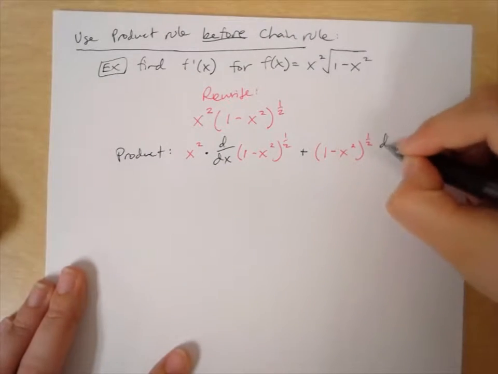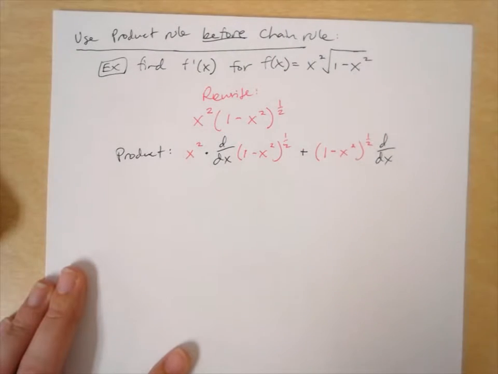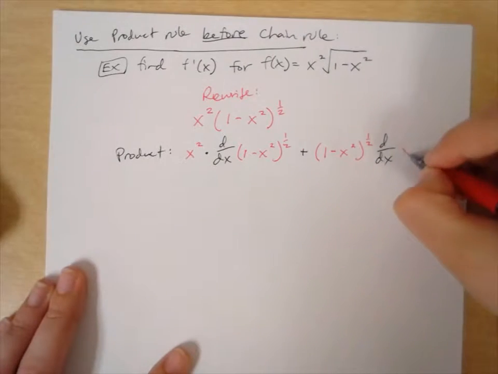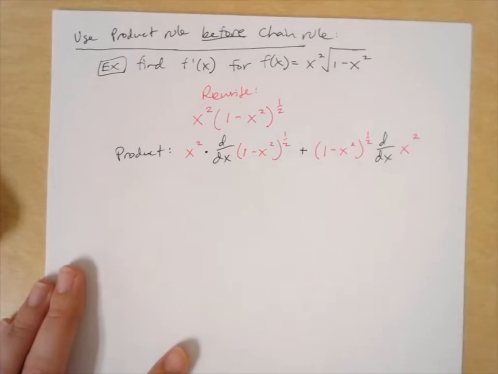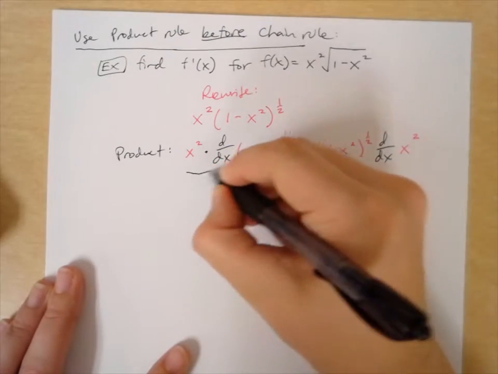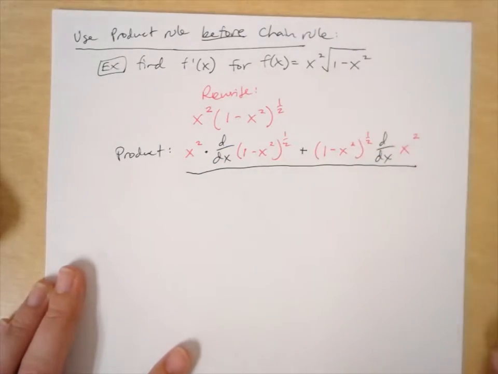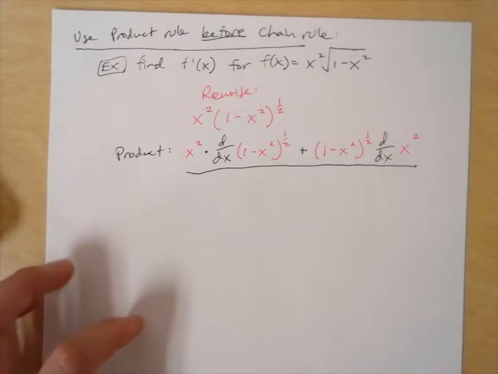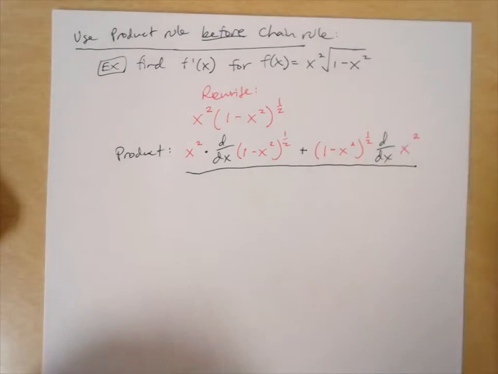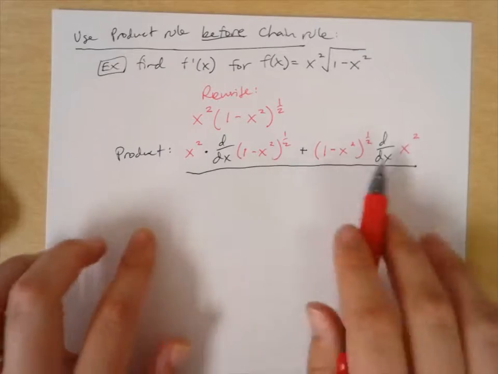And then we say times the derivative of the first piece, x squared. And we get to put this all over, oh, pardon me, I'm thinking of quotient. So forget it, it's not over something, this is just what we're going to do.